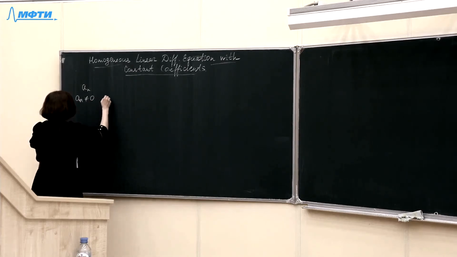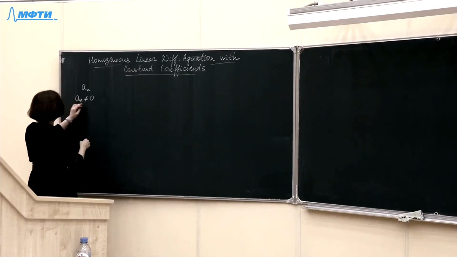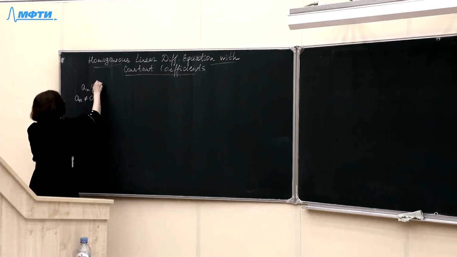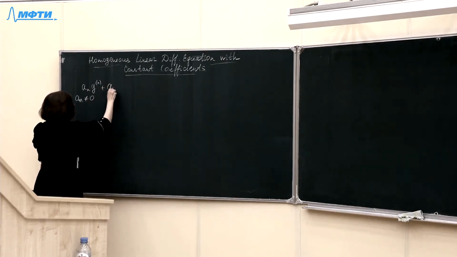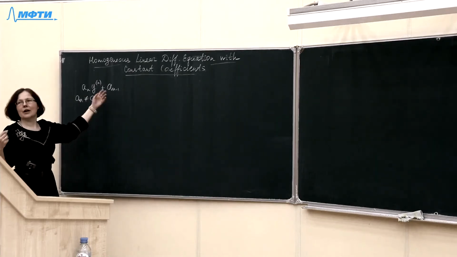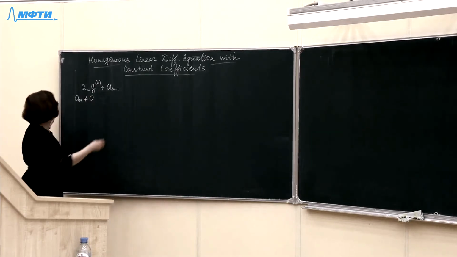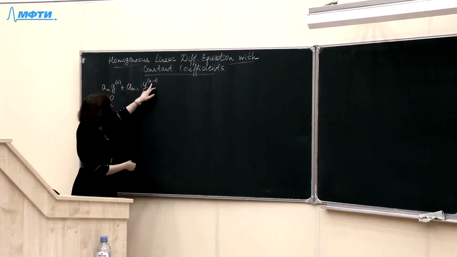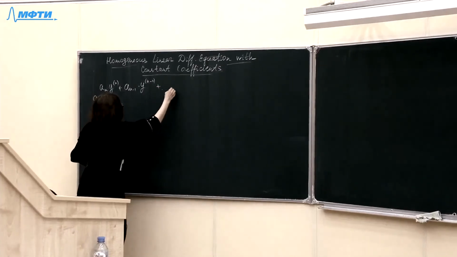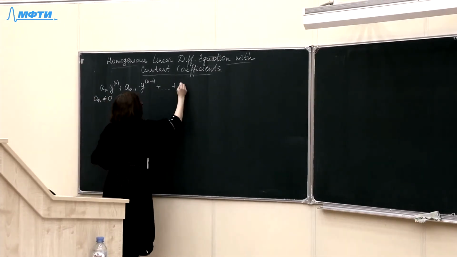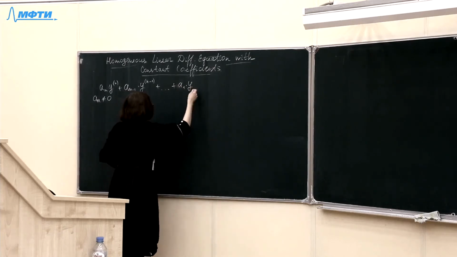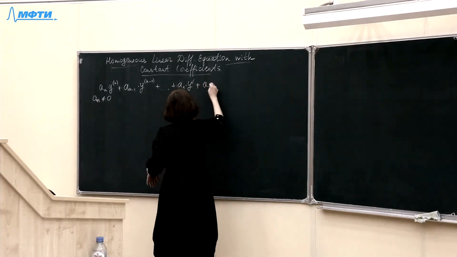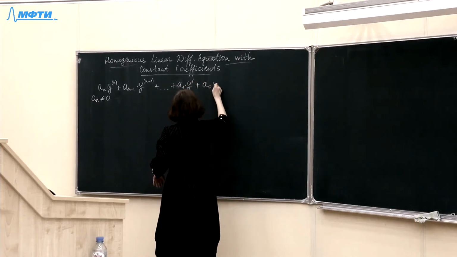So a_n is a non-zero constant, right? So a_n multiplied by the nth derivative of y, plus a_{n-1}, which is now not a function but a constant, multiplied by the derivative of y of order n minus 1, plus and so on, plus a_1 times y prime, plus a_0 times y equals 0.